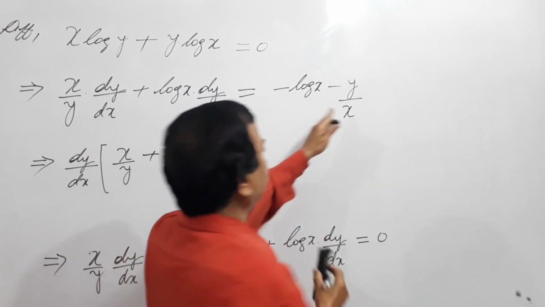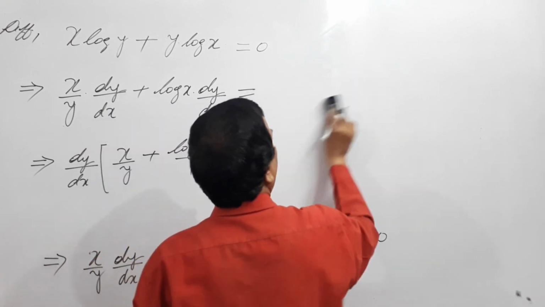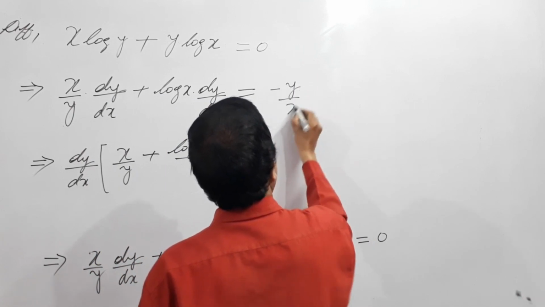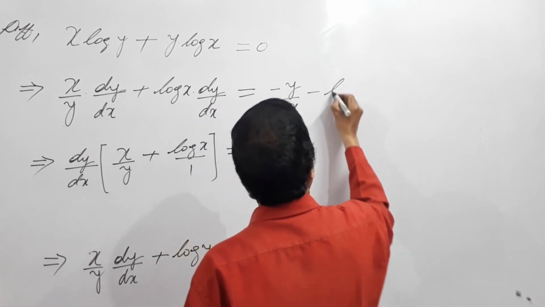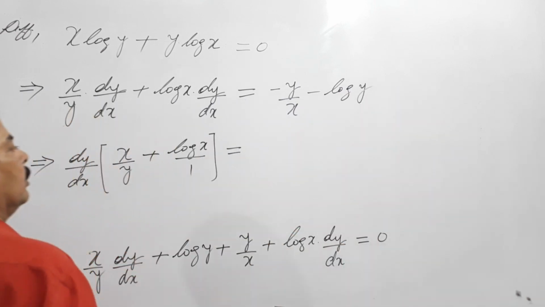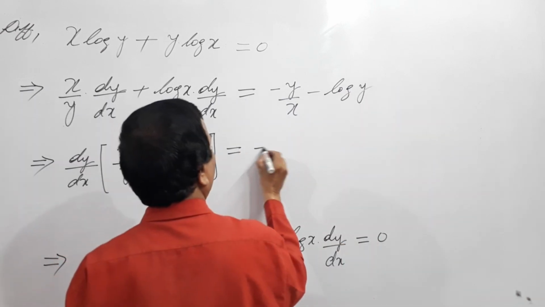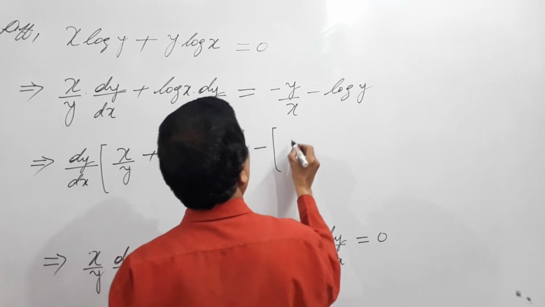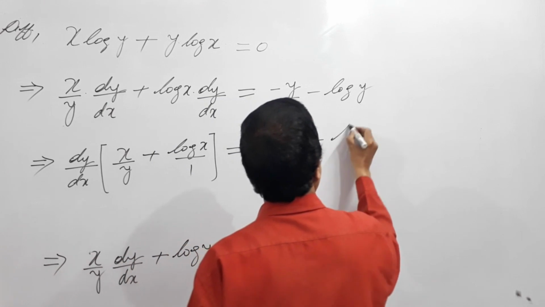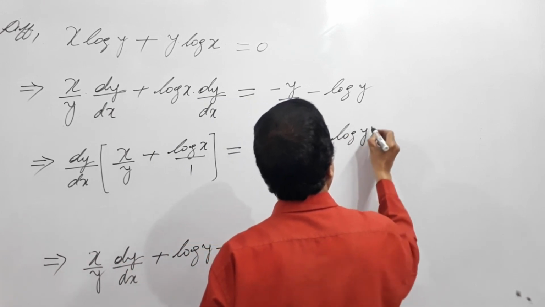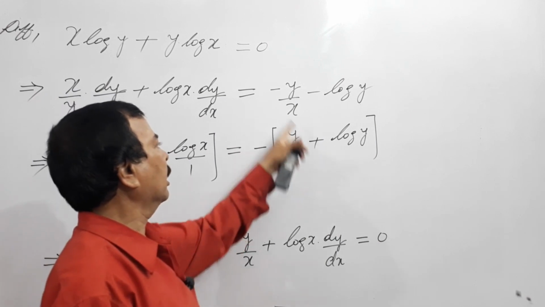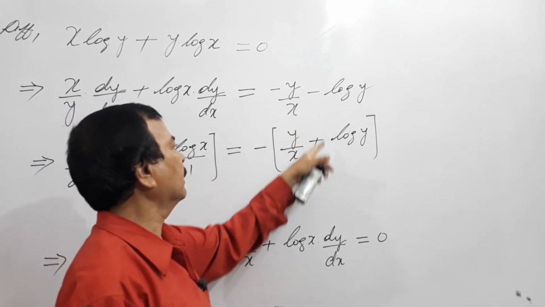I will interchange this, instead of this I will take minus, y by x plus log y, because let us have the same way. So this becomes minus sign: y by x plus log y.